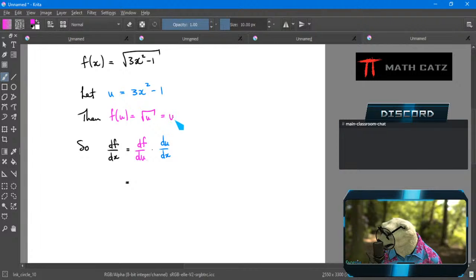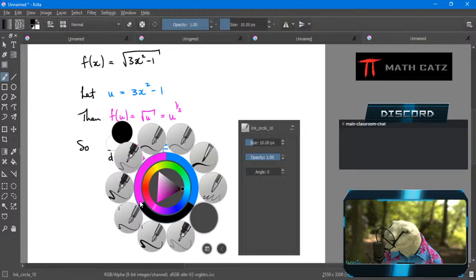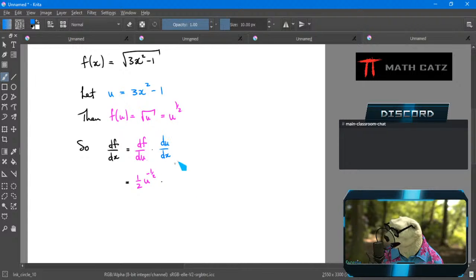If you're not, I simply want to see this as a power of the variable, u in this case, and then use my power rule to write 1/2 u to the negative 1/2. Doesn't matter. They're different forms of the exact same thing. I'm not going to rewrite it. I just do it the way I want to do it. Then the derivative of the inside function, which is obviously, I hope, 6x.